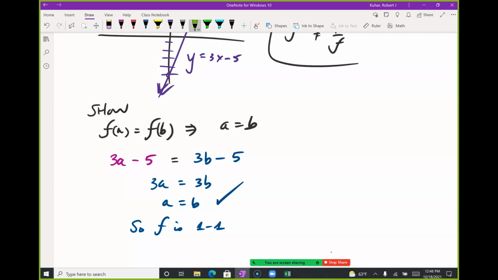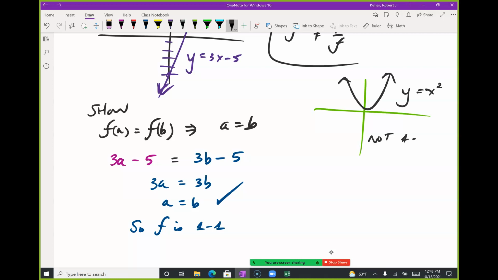Just a quick side note. Y equals x squared is not 1 to 1, right? You agree? Yeah, it reaches the same height twice. So if I draw my horizontal line, it hits twice. And watch what happens there. A squared equals b squared leads to what? Square root of a squared equals plus or minus square root of b squared.